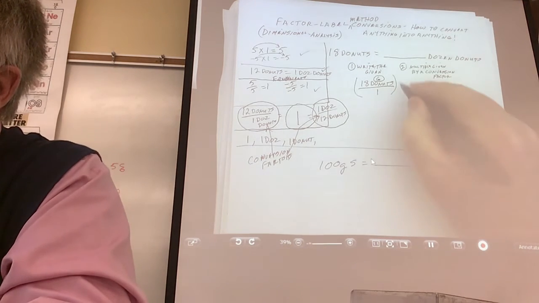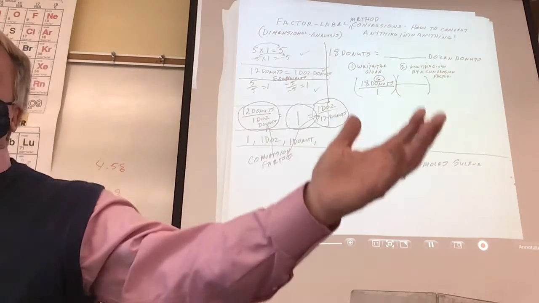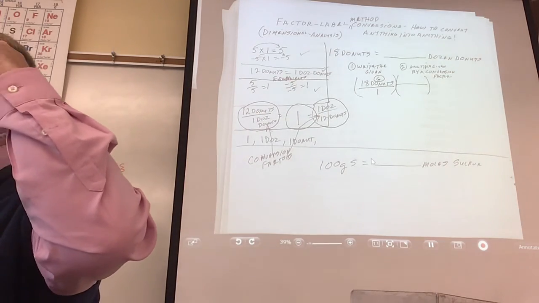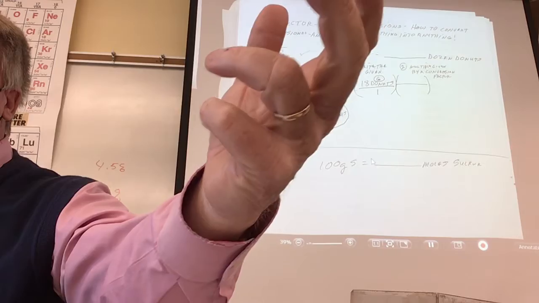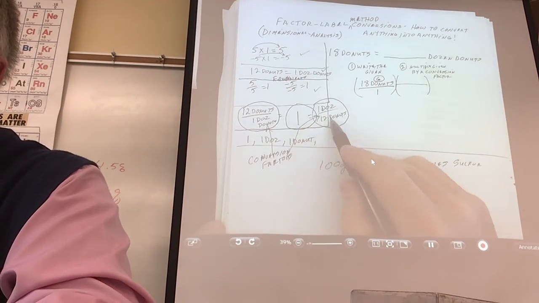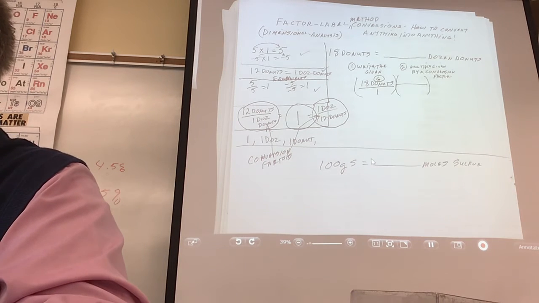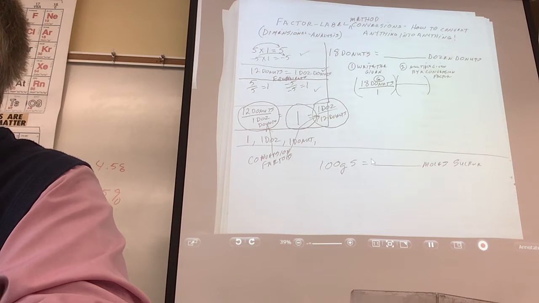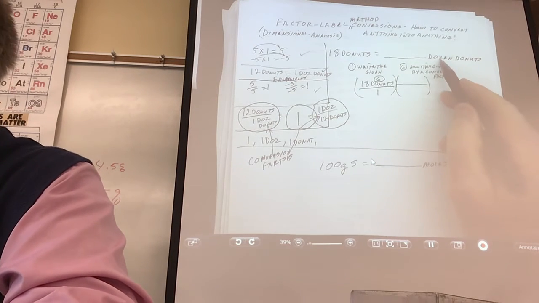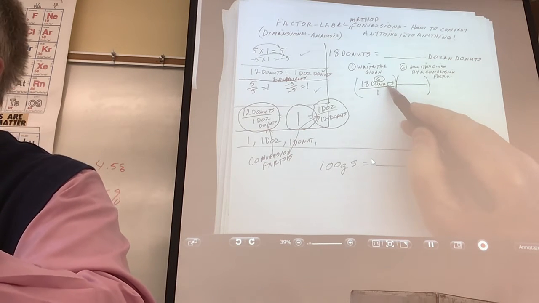Now, here we go. Step 2. Multiply the given by a conversion factor. Where do I get my conversion factor? I make them from equivalence. Now, which one of these do I need to use? I don't want it to be a guessing game, so here's where it's simple. This is the key to factor label right here. Do you want to convert donuts into something that's not donuts? Then how do you get rid of the label called donuts that's in a numerator?